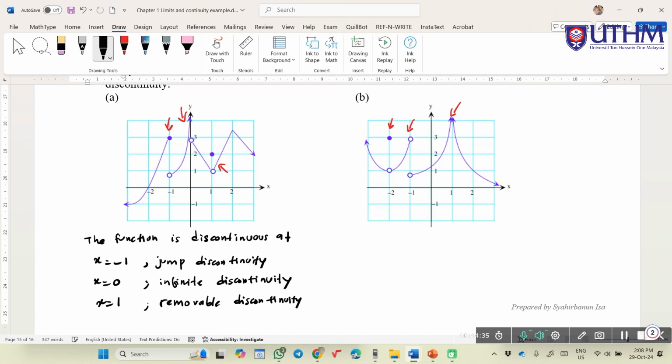So the first one is x equals -2. The function is discontinuous at x equals -2, which is a removable discontinuity.